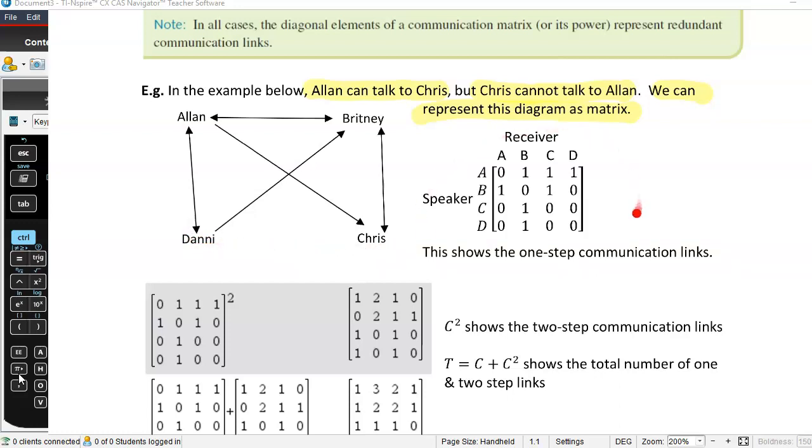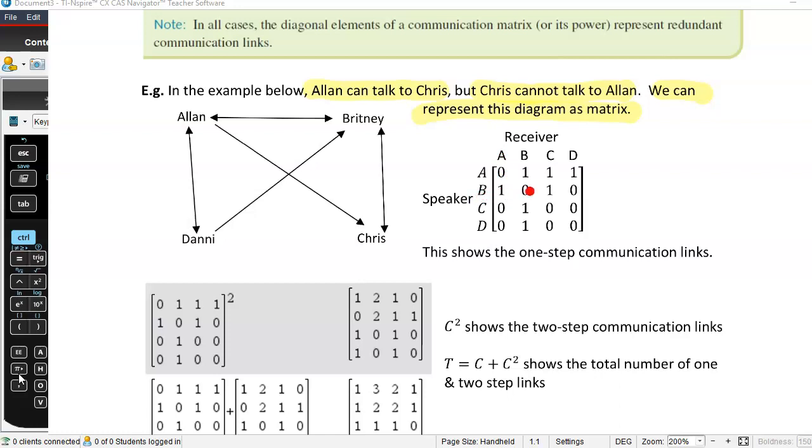So we've represented this in a matrix. We've got that leading diagonal there. Alan can talk to Brittany, Alan can talk to Chris, and Alan can talk to Danny. Brittany can talk to Alan.